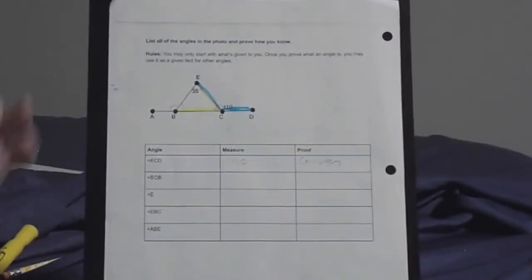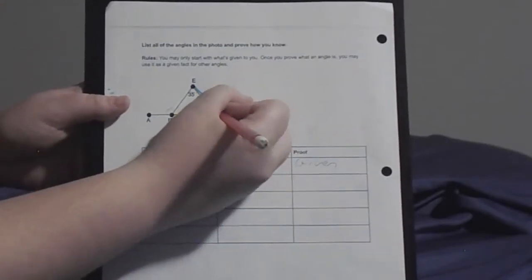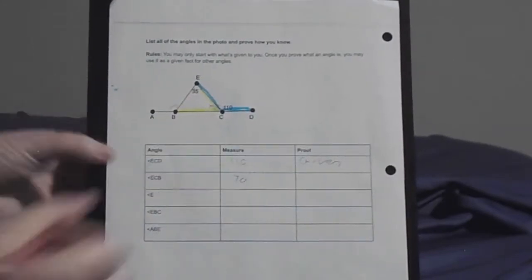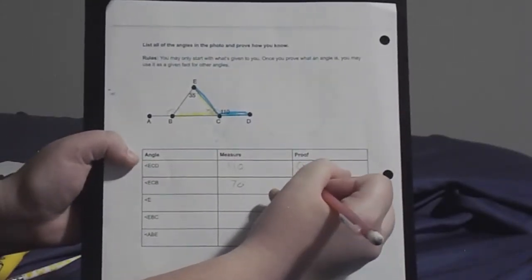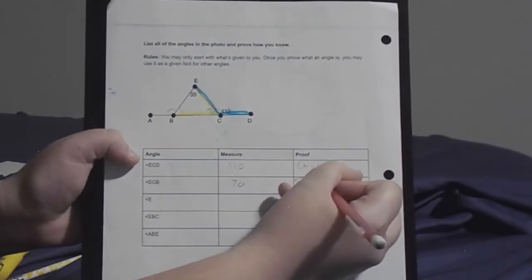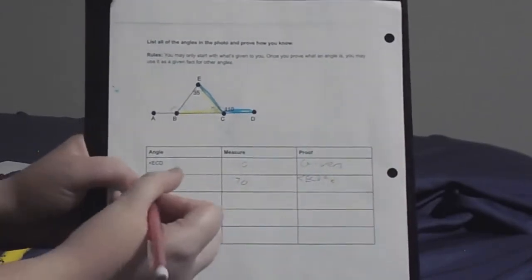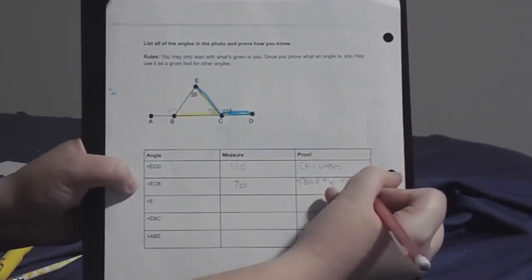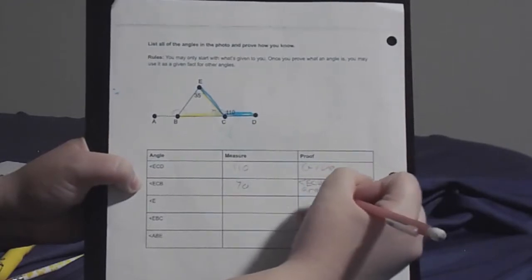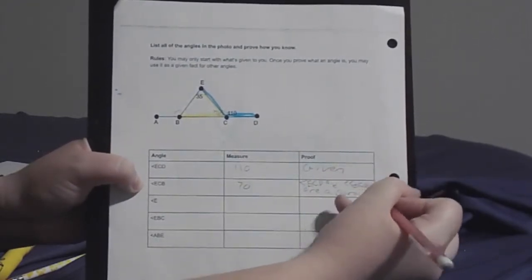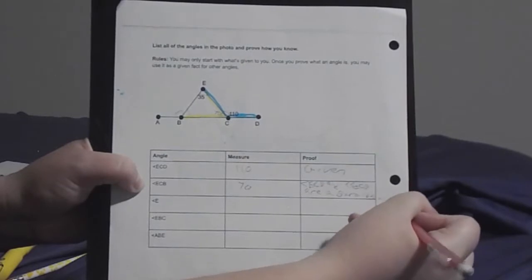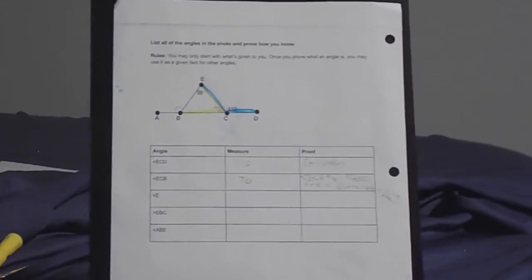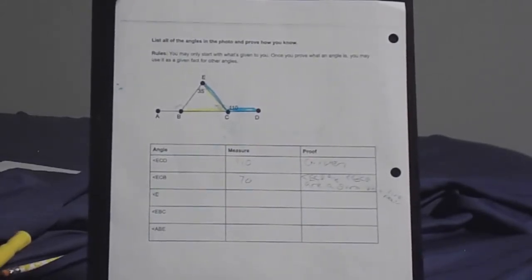And so if I do 180 minus that 110, I find that this one has to be 70. How do I know that? Because the angle before, angle ECD, and the angle I'm on, this yellow one here, angle ECB, are a straight line pair. And that's how I know. And because they're a straight line pair, they have to add to 180, so what's left is 70.